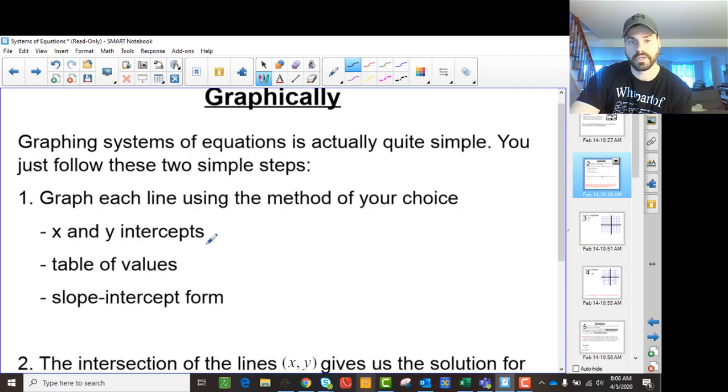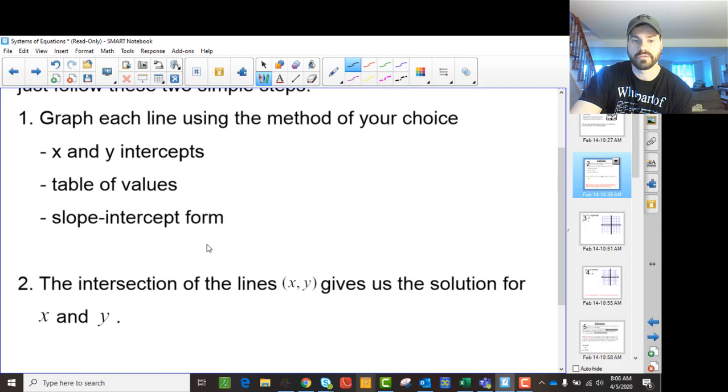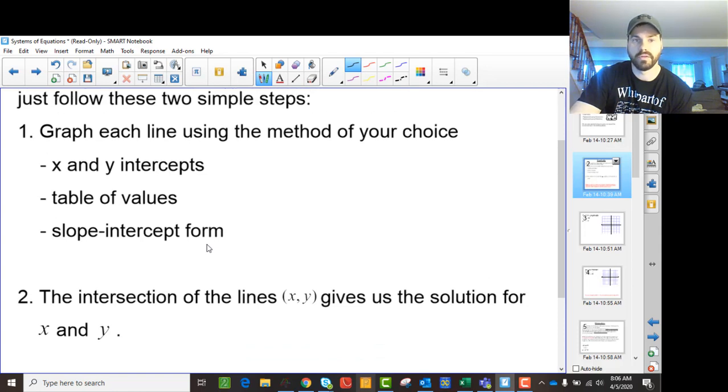Or you can use slope-intercept form where you actually plot the y-intercept and then you go from there over and up, rising and running as your slope dictates. So you can use any of those methods, but you're essentially going to graph each of the lines. And then once you've graphed them, the second step is to look at the intersection. What is the intersection point between the two lines? And that's the solution to your system of equations, because the solution is going to give you an x value and a y value. That's the idea.